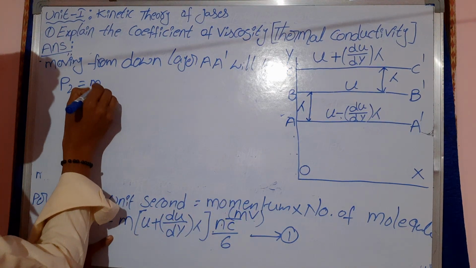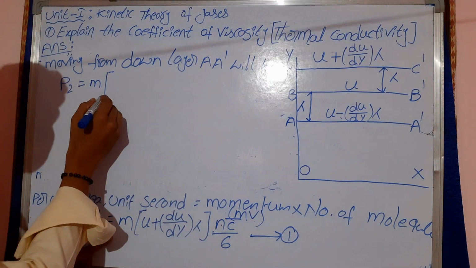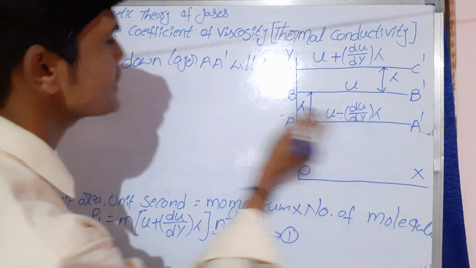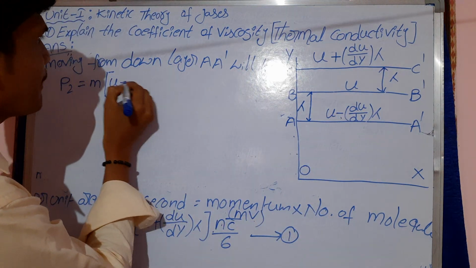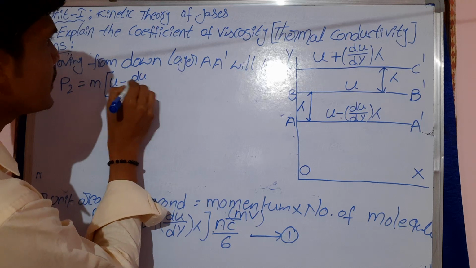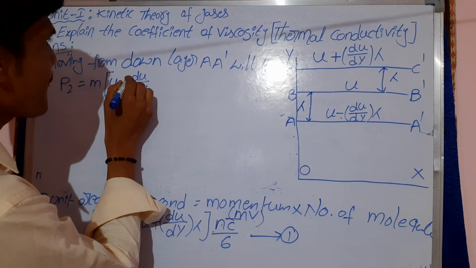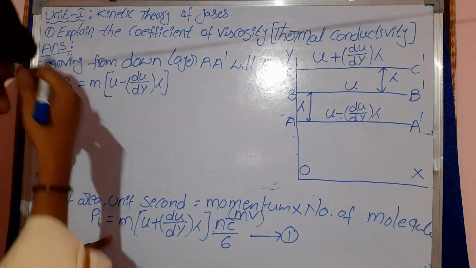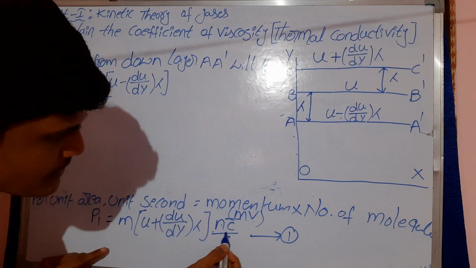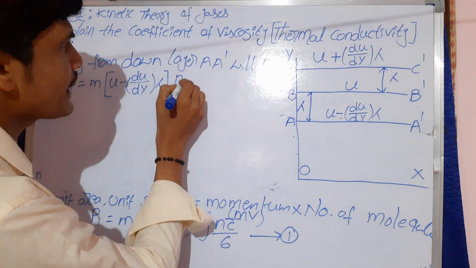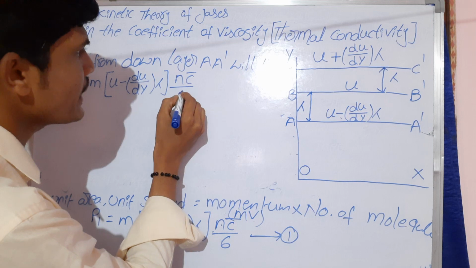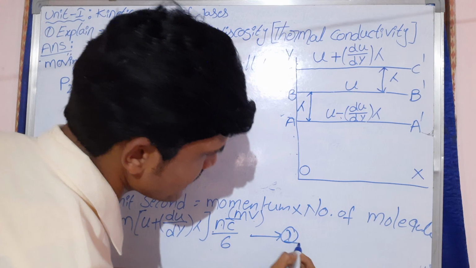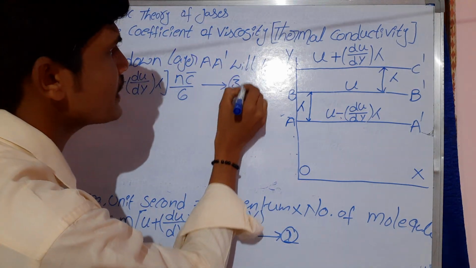So v means the down layer, so u minus, this is the total velocity, u minus du by dy into lambda. According to Joule's assumption, the number is n c bar by 6. This is equation number 2. This is equation number 3.